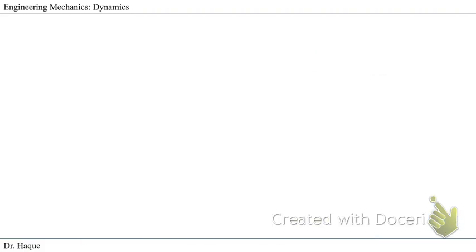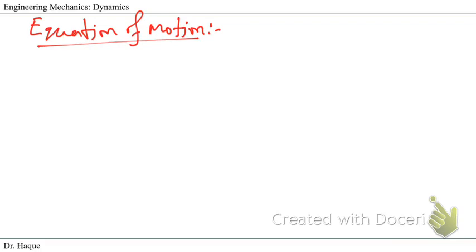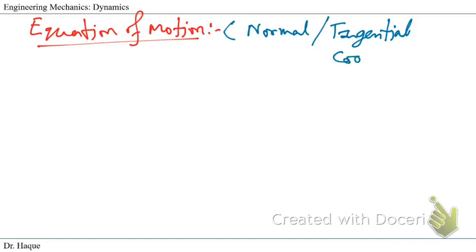So today we're just going to have the equation of motion for normal and tangential coordinates. We saw the concept is very simple for the rectangular coordinate.